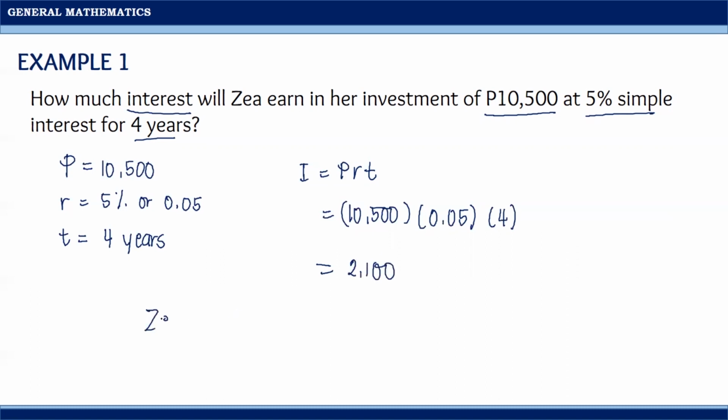Therefore, Zaya will earn 2,100 pesos from the investment.